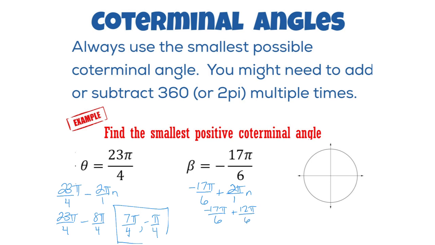So if I add it once, I'm going to be at a negative 5 pi over 6. If I add it again, then I'm going to be at 7 pi over 6, which were the two numbers that I had said if I can think through it. Either way works for me. You just got to get them as close to 0 within that one revolution on your circle.